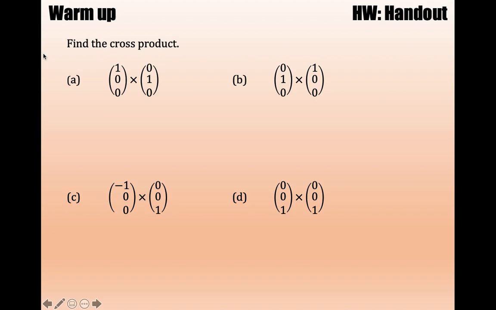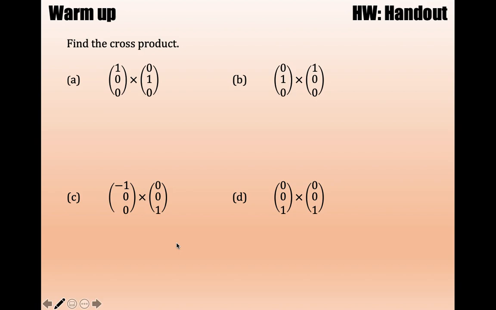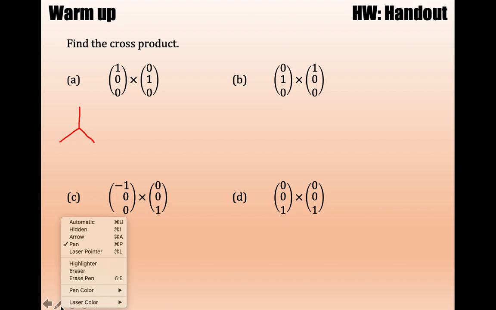So finding the cross product of all of these vectors, I hope you notice a bunch of ones and zeros, right? So that would be all of these, kind of unit vector things, right? So remember our 3D graph, right?